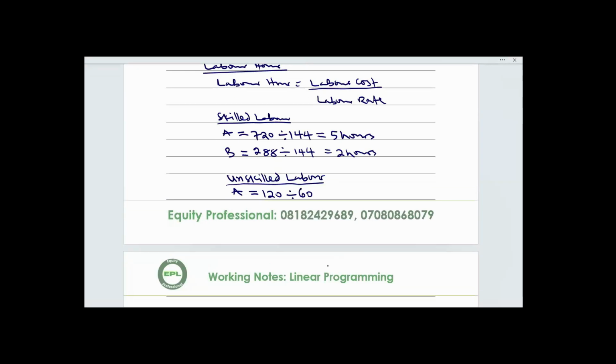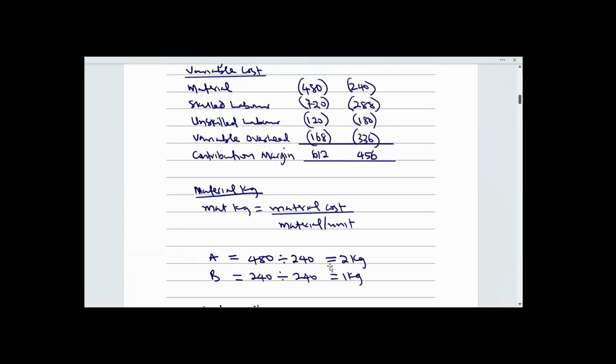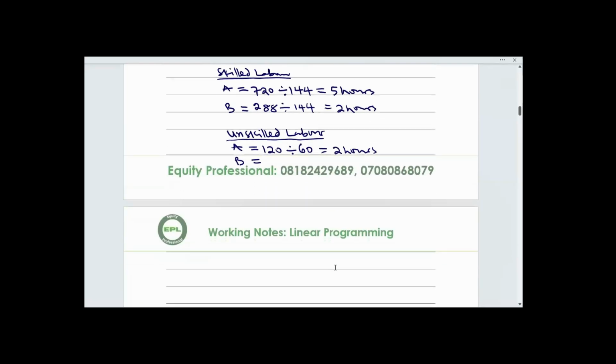So 120 divided by 60 will give us 2 hours. Then for grade B, unskilled labor cost 180 divided by 60 will give us 3 hours.